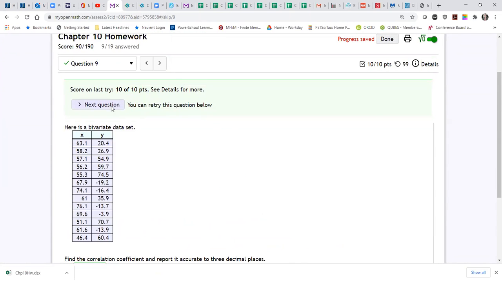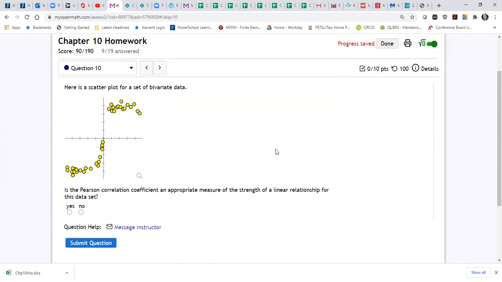So this number 9. For number 10, if you draw kind of a line, you can see the line moves down a little bit and then moves up and then moves down a little bit, right?